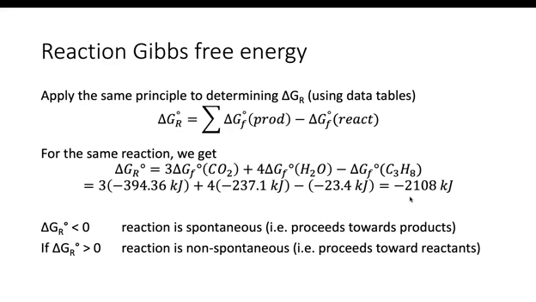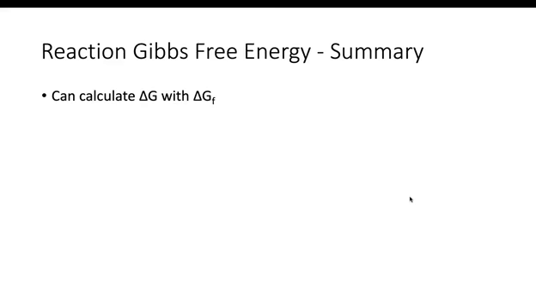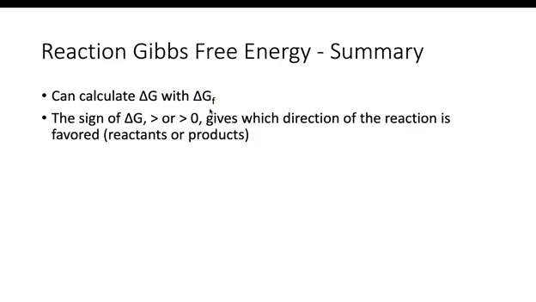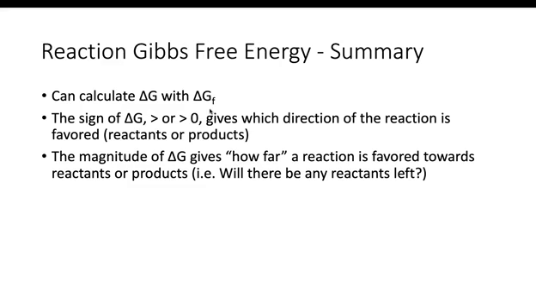So if we summarize everything that we knew from reaction free energy, we can do the same thing with delta G that we did with delta H. We can use tables of formation free energies to calculate our delta G of a reaction. Then the sign of delta G tells us if it's favored for products or reactants, and the magnitude tells us how far it's going to go, so how many of the reactants are going to convert to products.